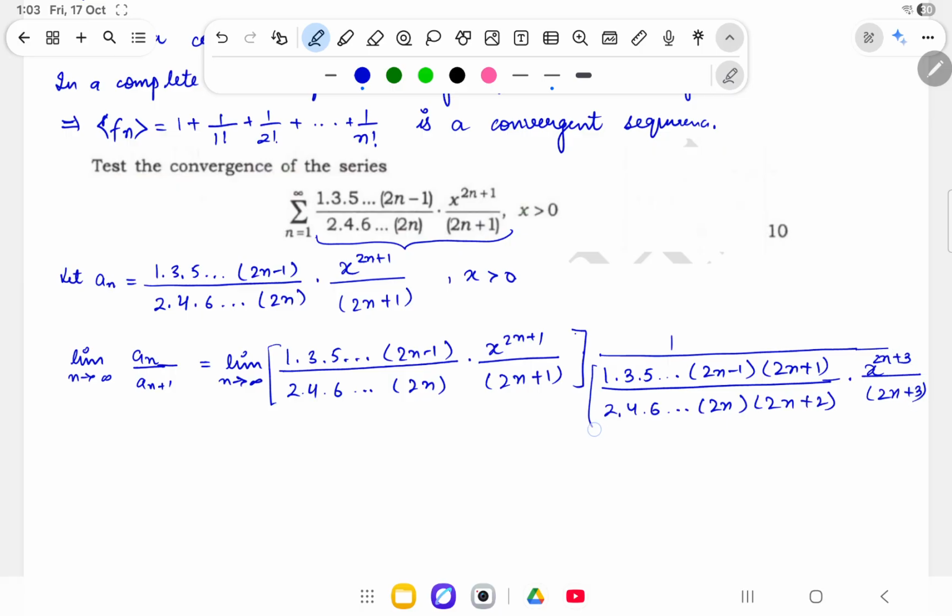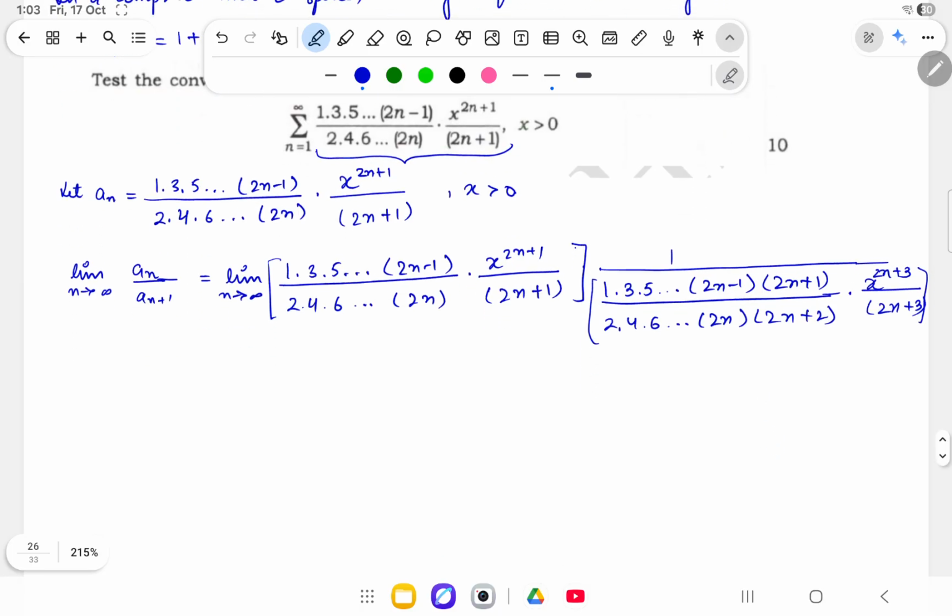Now let's simplify it. Those terms cancel each other. The terms up till here repeat in the other expression, so I can balance them out, and likewise up till 2n.